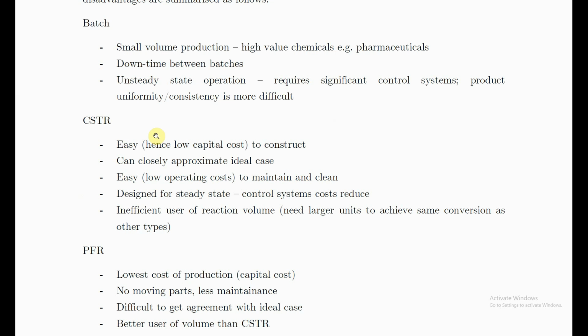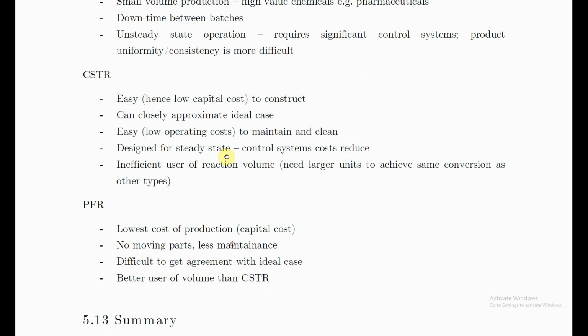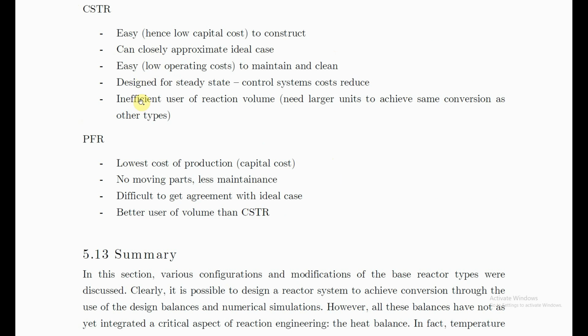In a CSTR, if it's more like a commodities chemical and you want high volumes and high production rates, it's fairly easy to construct, but then we have to start thinking about networks and using a series of CSTRs in order to keep our capital costs down, in order to keep our total volume costs down. So that's the CSTR and what we have to think about when we use that.